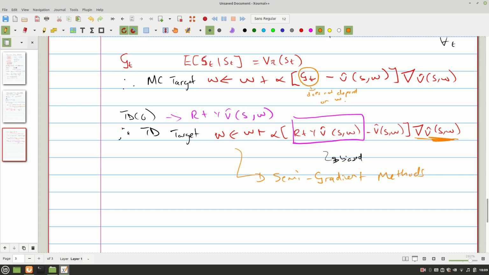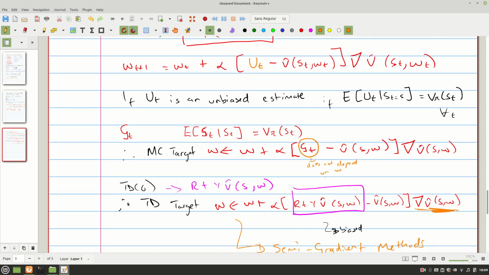So automatically, if you're quite observant, you already see a problem with this way of writing our target, because if W is, for instance, some neural network or some linear function or whatever it is, you might think, okay, if the target depends on W and the estimate depends on W, it seems like we're chasing, once again, a non-stationary target.